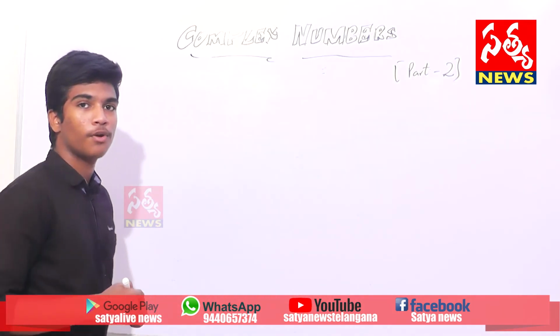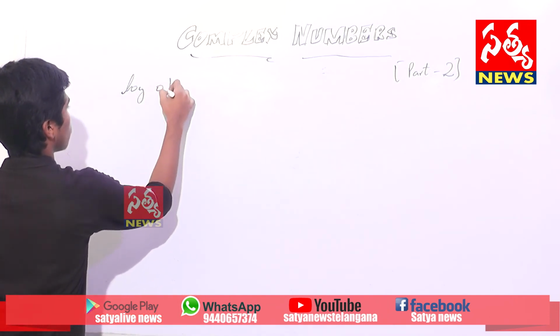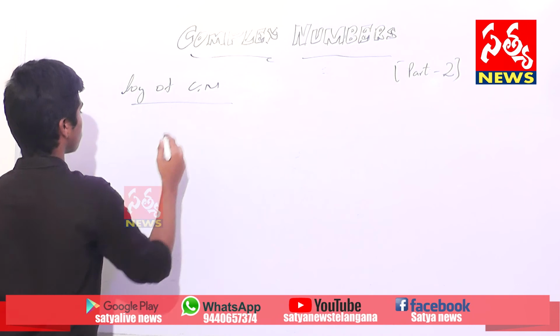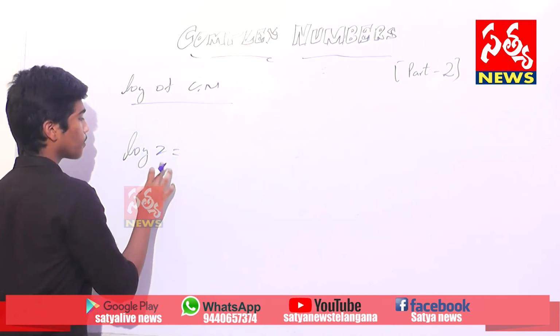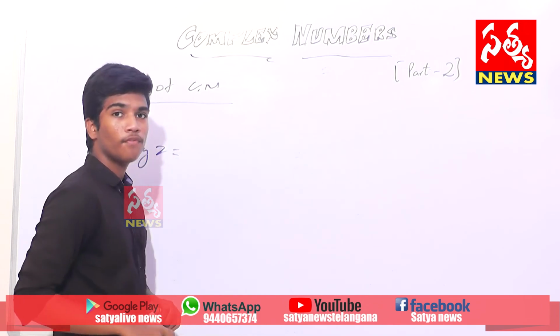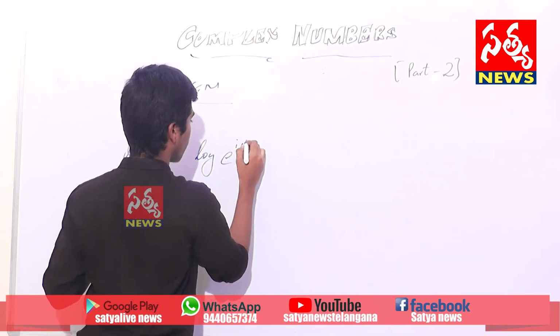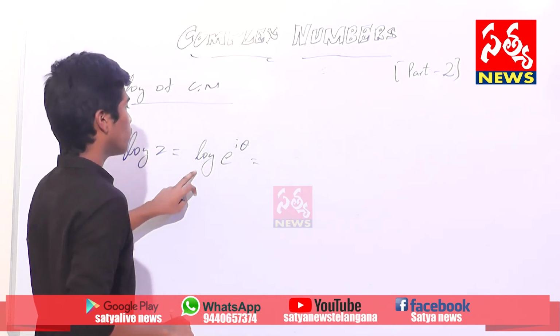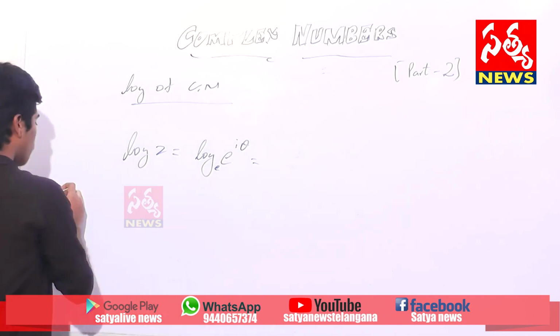And the last topic for today is logarithm of a complex number. For example, log z: if you write z in Euler's form, log of e power i theta. You know the log properties, right?